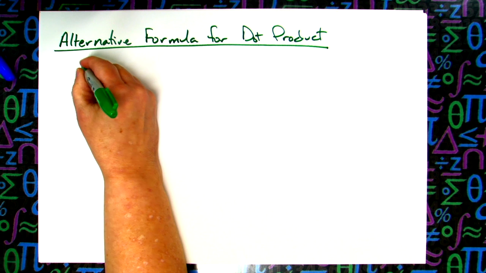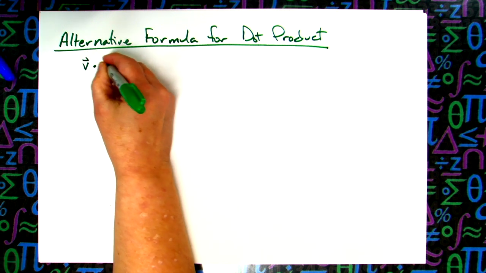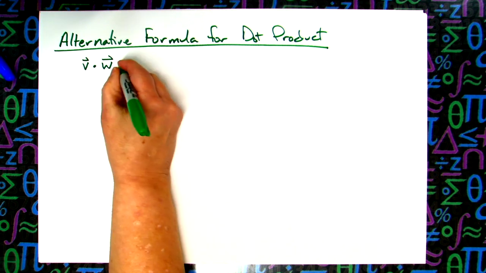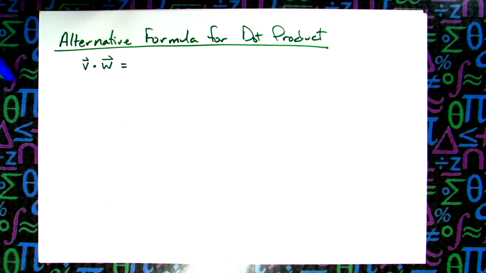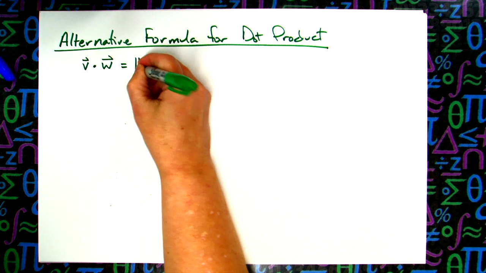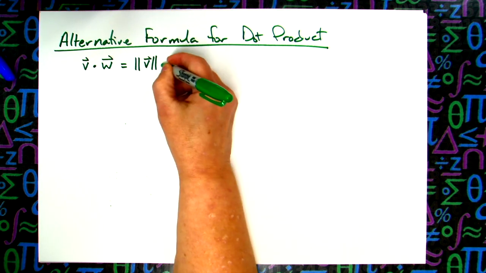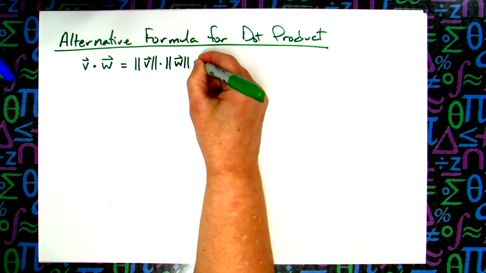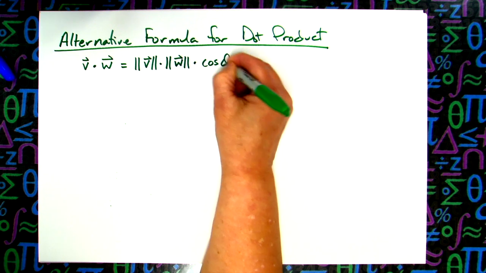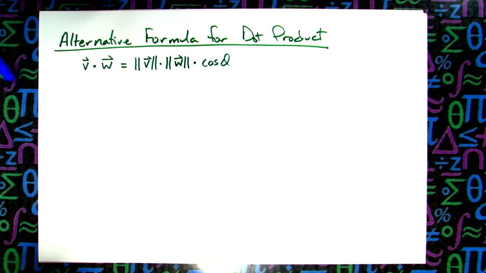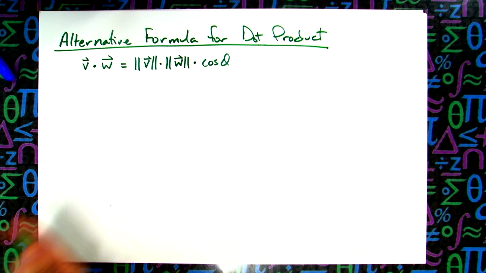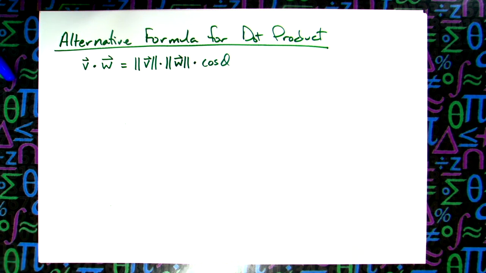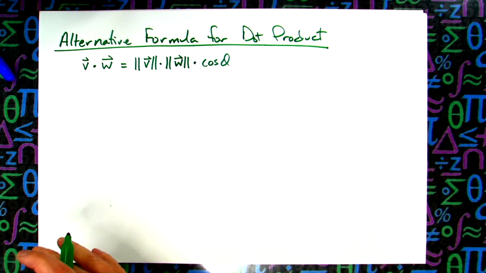So if I've got two vectors, vector v times vector w, that would be the dot product. I can use the magnitudes and the cosine of the angle, so I could take the magnitude of the v vector, multiply that times the magnitude of the w vector, and then multiply it by cosine theta. Okay, so that really looks like those things that we were using on Tuesday. So if you happen to be given the magnitudes and the angle, then you'd want to use this formula. If you're given a i plus b j form, you want to use the other formula. Okay, it's based on whatever you're given.